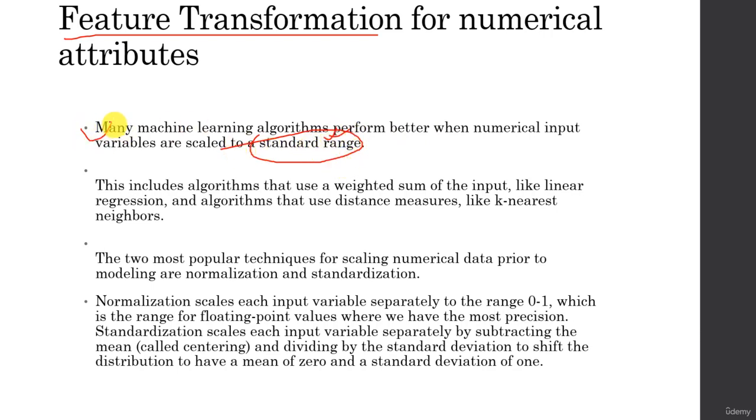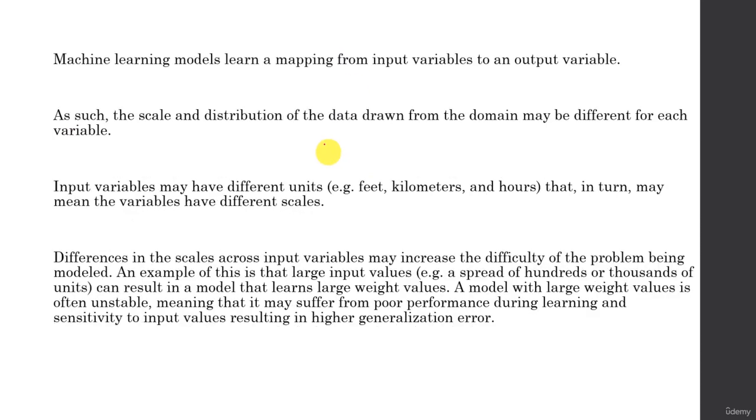So this is the reason we have to convert them into some standard range. A machine learning model learns a mapping from input variable to output variable. So that means a machine learning model is just a function that takes input and converts that input into the output. As such, the scale and distribution of the data drawn from the domain may be different for each variable.